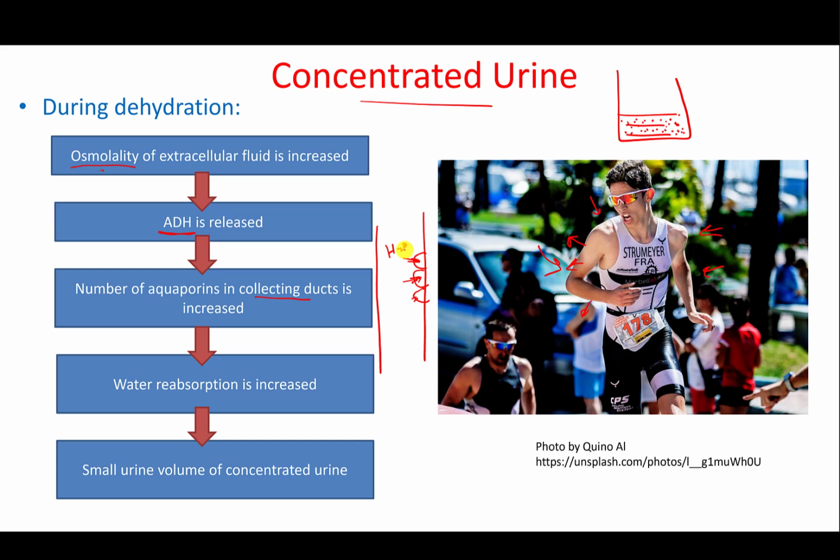So the water now can be captured from the collecting duct and released into the extracellular fluid. So here water reabsorption is increased, and this would lead to small urine volume of concentrated urine. Small urine volume because we absorb most of the water, and that urine in this case will be concentrated. So this is during dehydration.